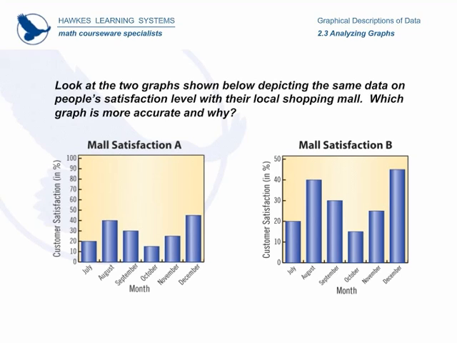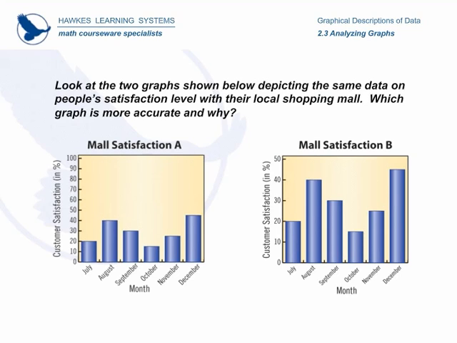Just some brief comments. We see that we've got our months, when the data was collected, on our x-axis, and we have the percentage of customer satisfaction on the y-axis. On the y-axis, the enumerations, the numbers indicating the frequency of satisfaction for these months, are different for mall satisfaction A and mall satisfaction B. Mall satisfaction A is enumerated from 0 through 100.